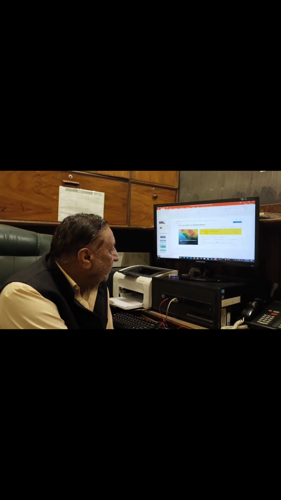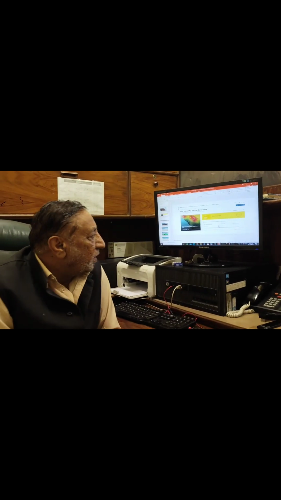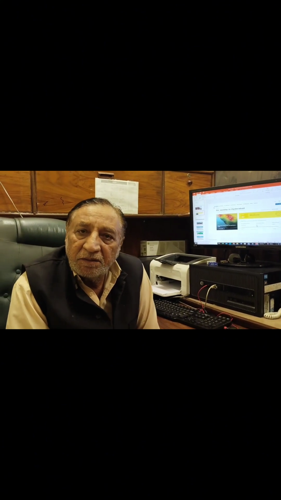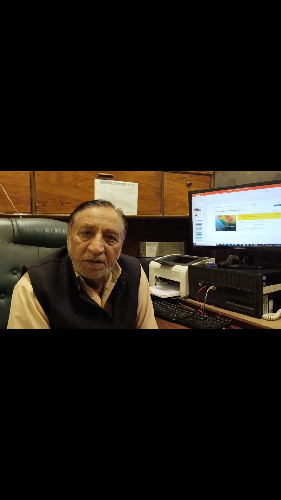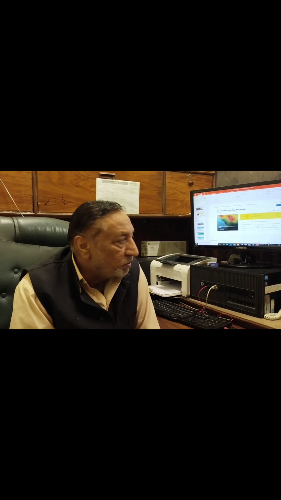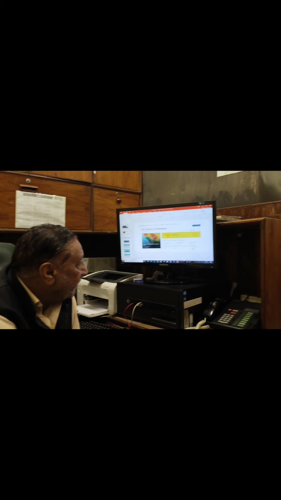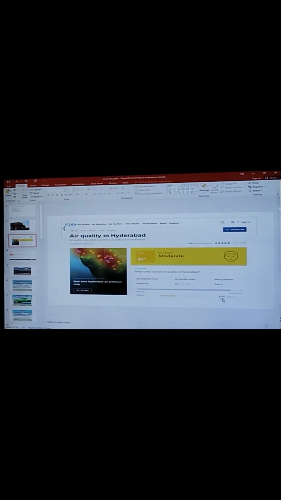So the air quality index is 82, which should be 50, and that means that the air pollution in Hyderabad is 30 points or more higher, and PM2.5 is 25. It should be 15, or within that range.